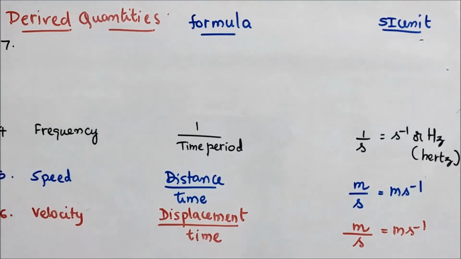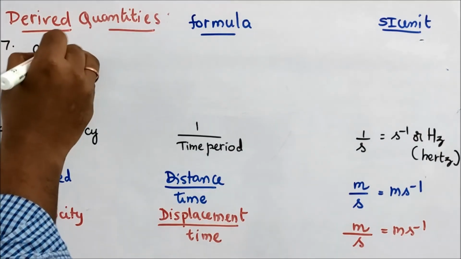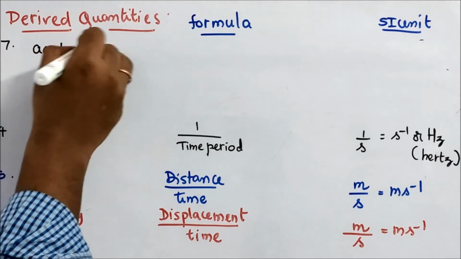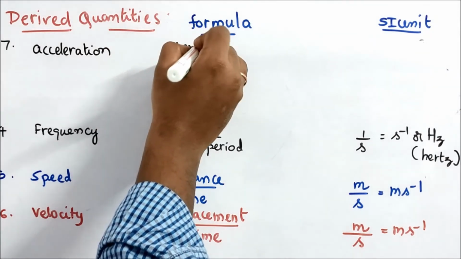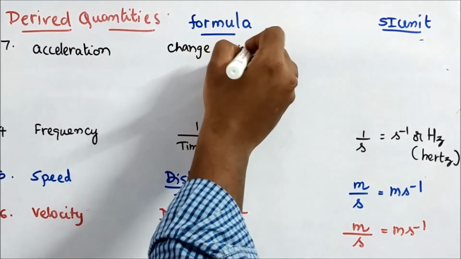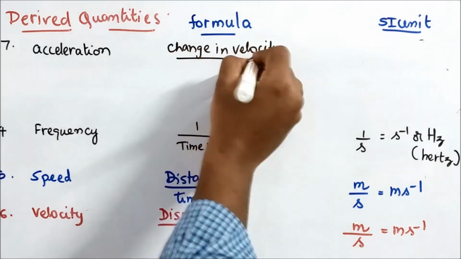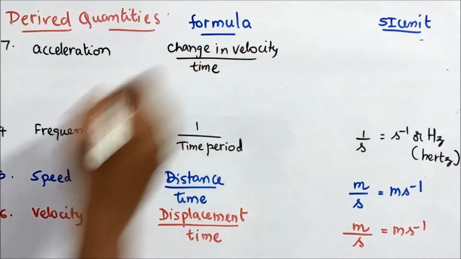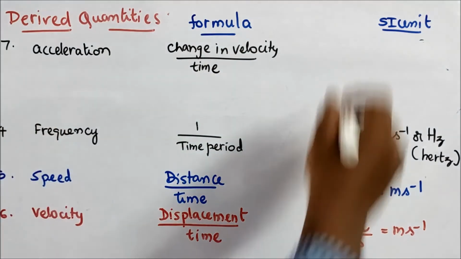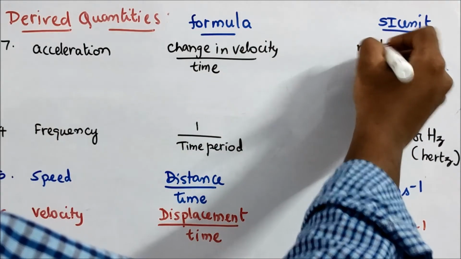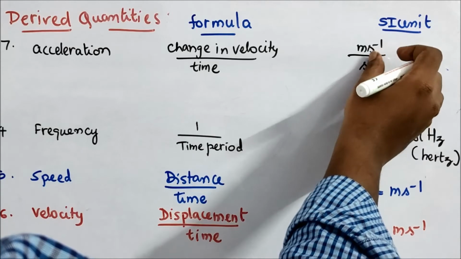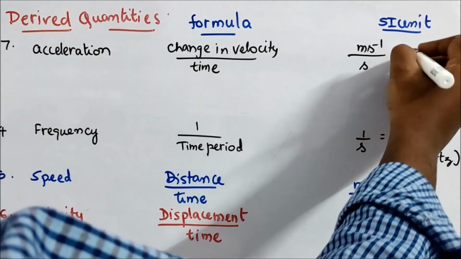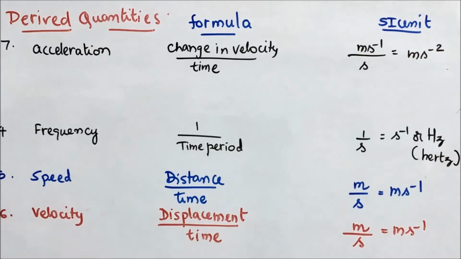Seventh one, acceleration. The acceleration formula is change in velocity by time taken. The unit for velocity is meter per second, and the unit for time is second. So we'll get meter per second square. This is the SI unit for acceleration.